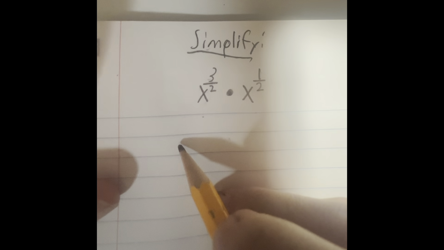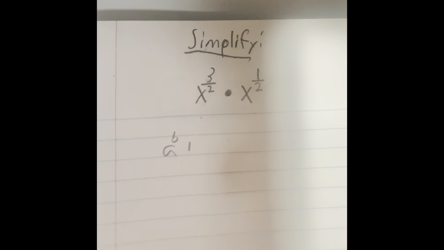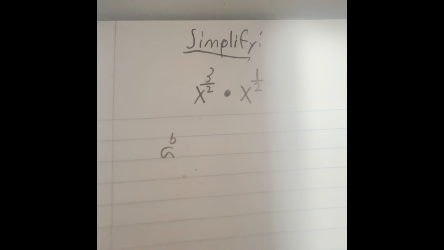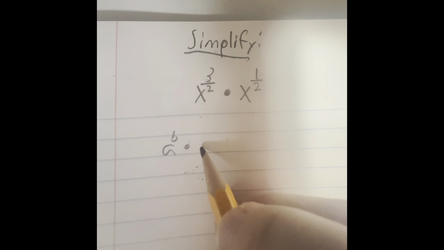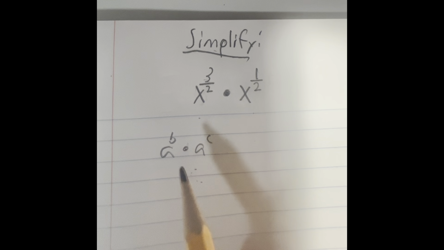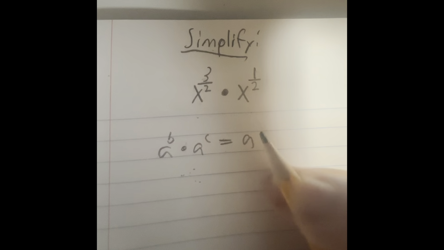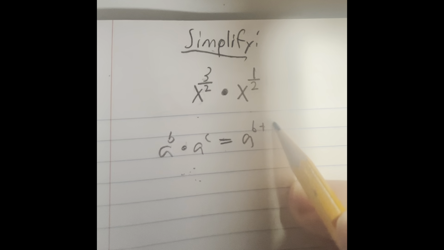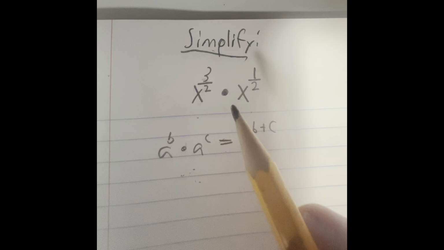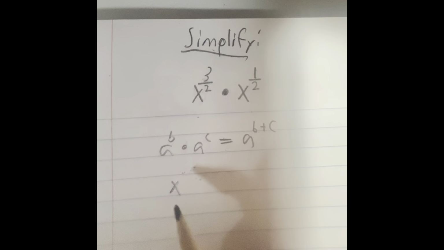So we know that when we multiply exponents with the same base, all we do is we keep the base and we add the exponents. So for this, our base is x.